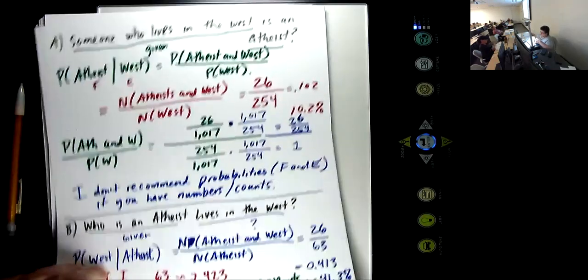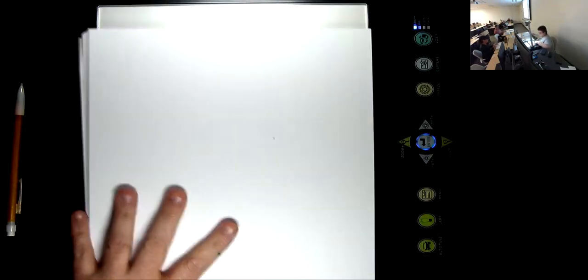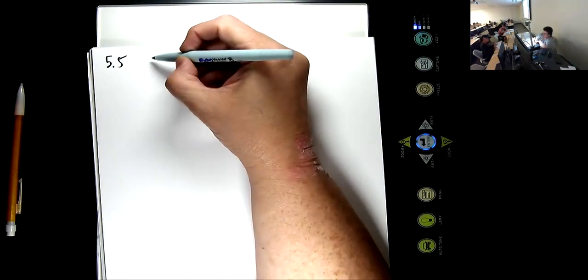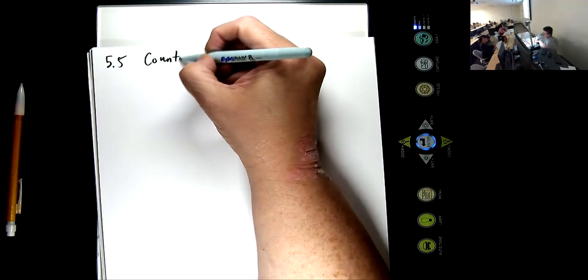All right, let's take a quick peek at 5.5. We're not gonna get anywhere near done, but the more we get done today, the better off we get. 5.5 is on counting techniques.